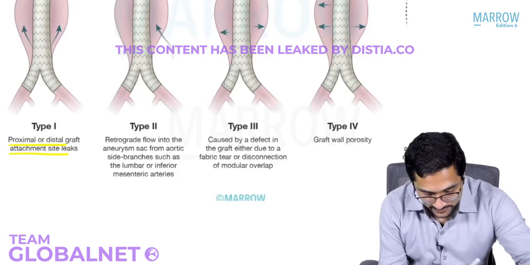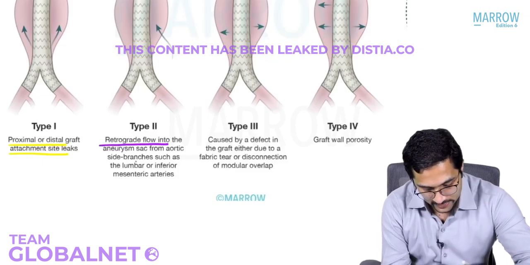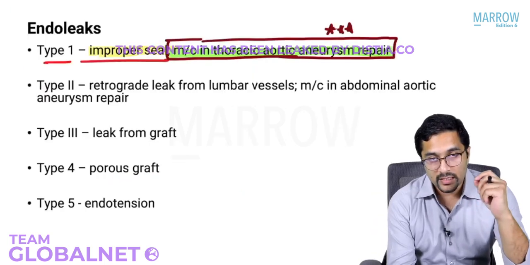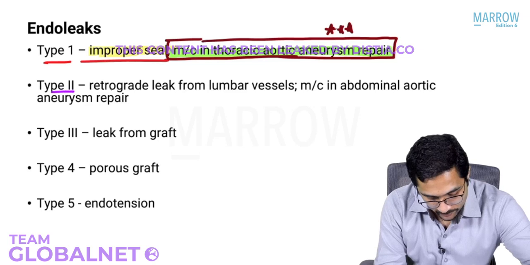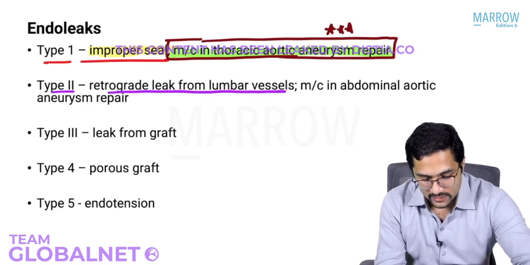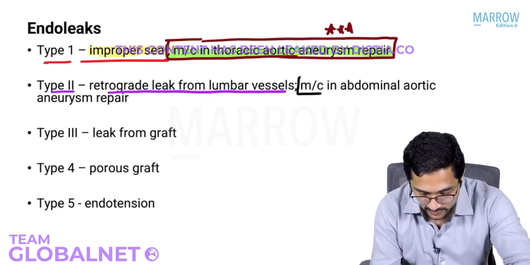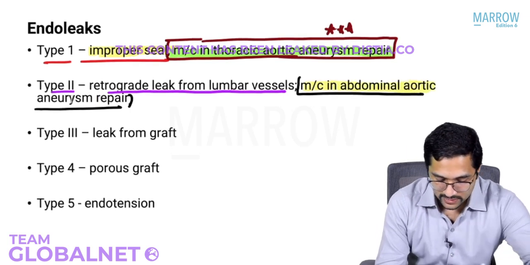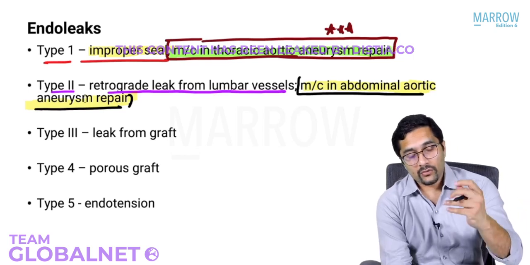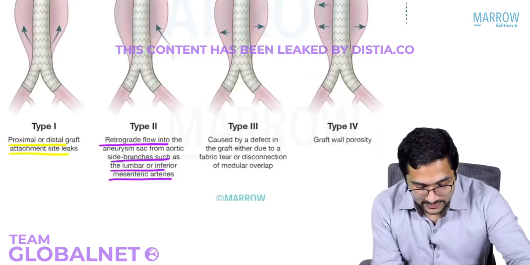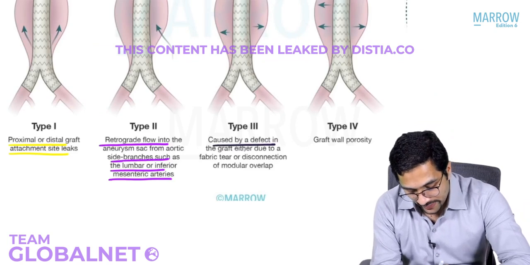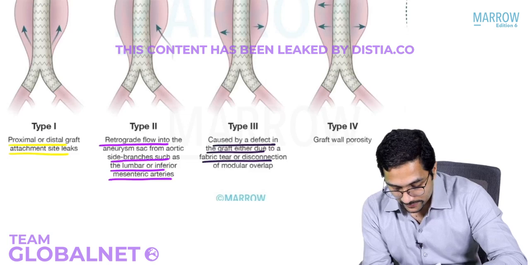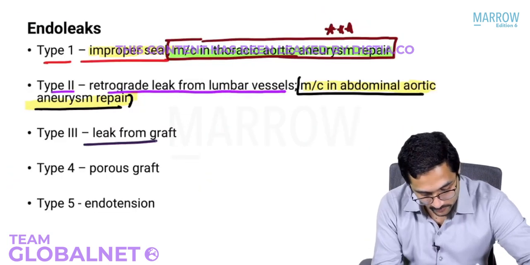Type 2 is retrograde flow from the sac through the lumbar vessels. And type 2 is most common in abdominal aortic. So type 2 is retrograde leak from the lumbar vessels, and this is the most common in abdominal aortic aneurysm repair. This has been asked multiple times in the CTVS part of the super specialty exam as well. Type 3 is caused by a defect in the graft due to fabric tear or disconnection. That is type 3. So type 3 is leak from the graft.